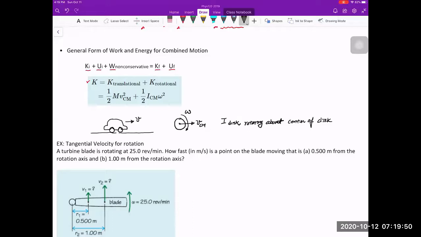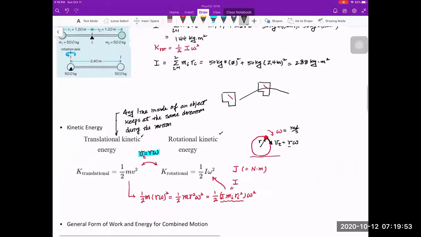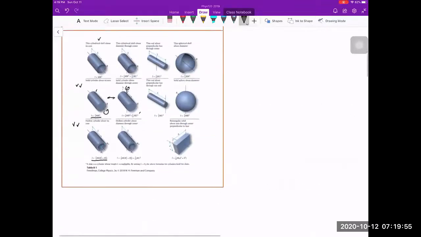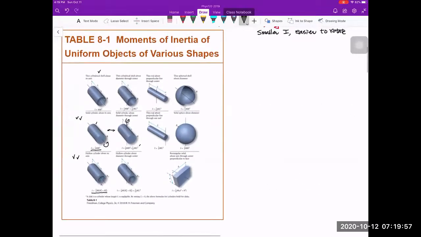Well, if you look at the table that we give in the textbook, table 8.1, what is the situation? Well, this one is the situation that you're looking at. So you simply make the rod smaller, thinner, and it doesn't change the equation. It will change the mass, but it's not going to change the rest of the thing.